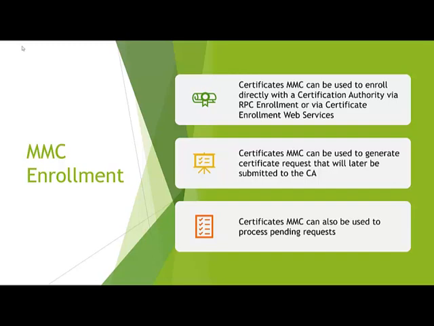So back up a second. Basically the enrollment process is that you go over LDAP and see which templates are available. It filters through which ones you have the ability to read and enroll for, and then it queries Active Directory for which CAs have that template. You get a pseudo random list back from the LDAP query of which CAs have that template, and you try the first one on that list.